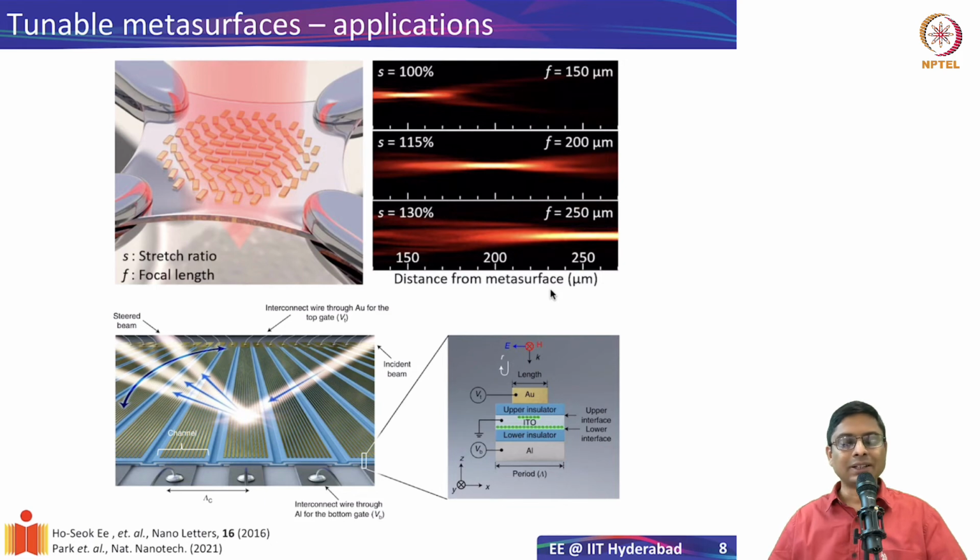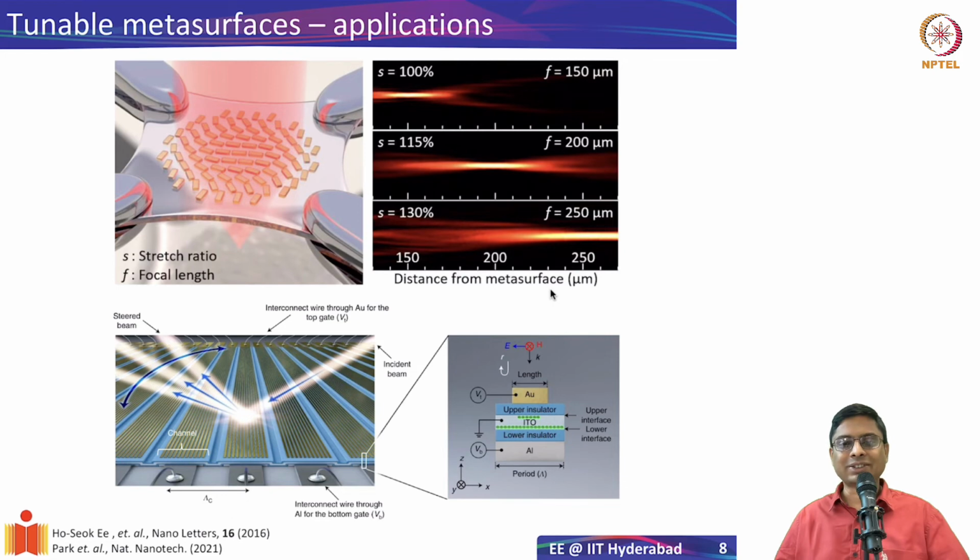That's one example. The other example I wanted to mention is still, I would say, an active area of research, wherein we have grating structures fabricated on top of what is known as ITO, indium tin oxide. It's a semiconductor.